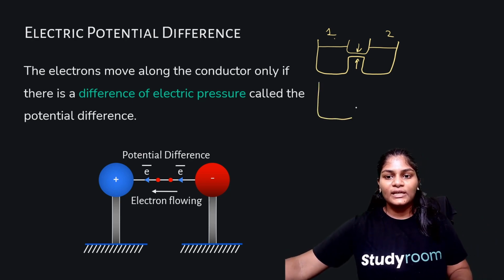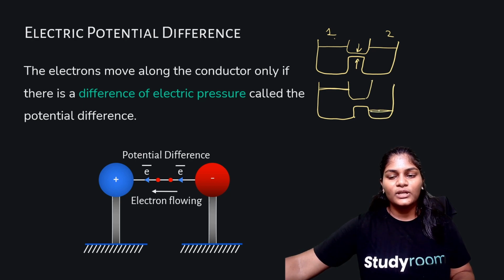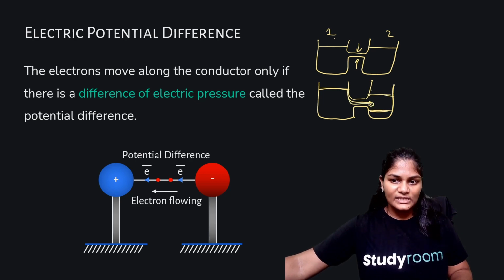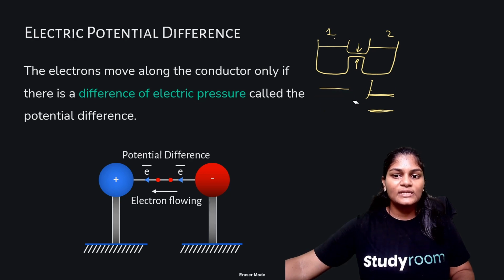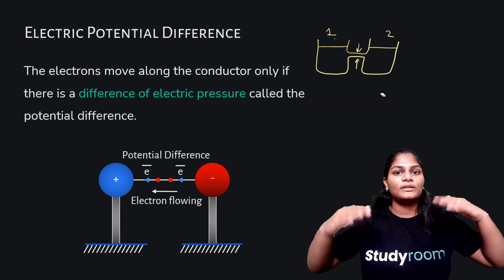Similarly, if in one of the tanks the water is at a higher level than the other, say in this tank the water is around this level, but in this tank it is somewhere around here, can the water just stay in this tank, or will it start to flow from this tank to the other till the level is somewhat the same? So water flows when there is a difference in the level of water in the tanks.